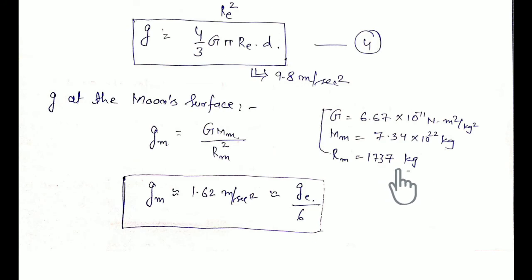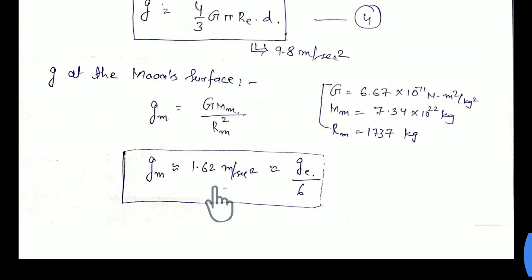So finally we will get that small g m is equal to 1.62 meter per second square, which is approximately equal to 1/6 of the gravitational acceleration at the surface of Earth. So this is the value for gravitational acceleration at the surface of moon.